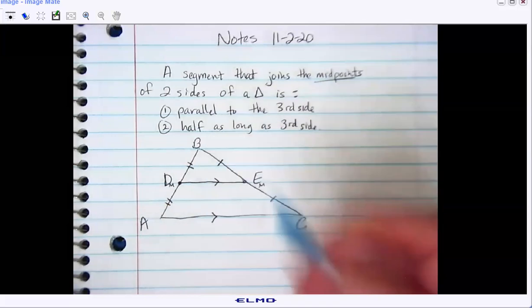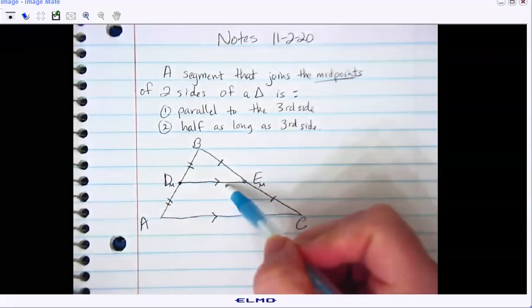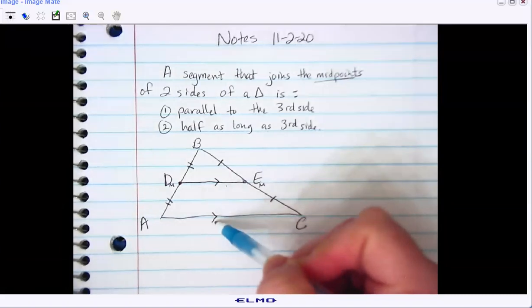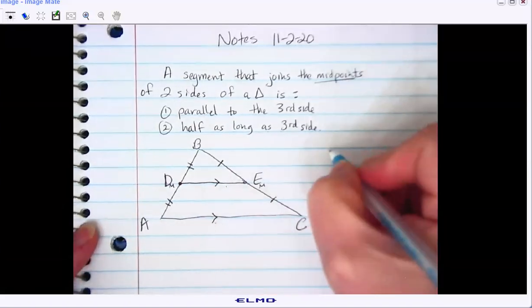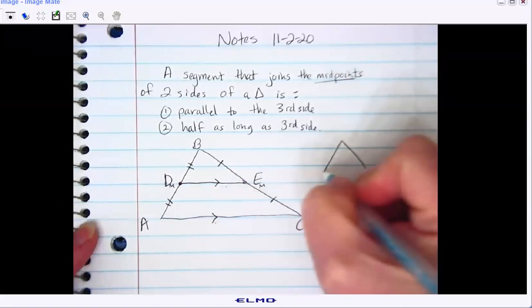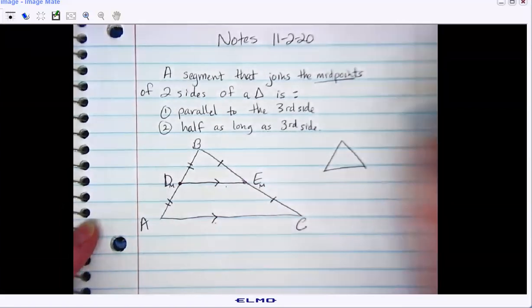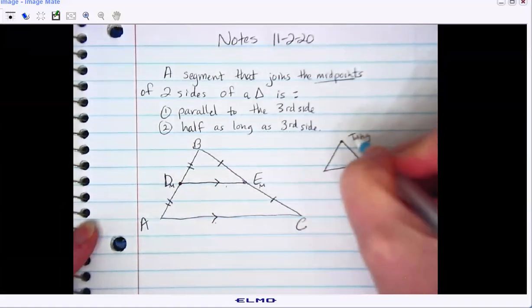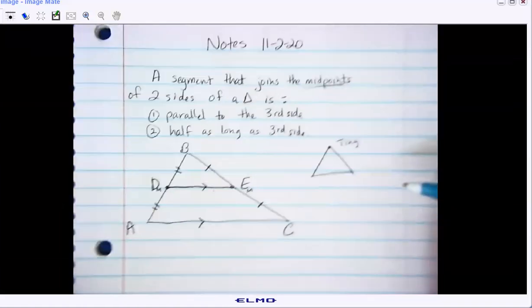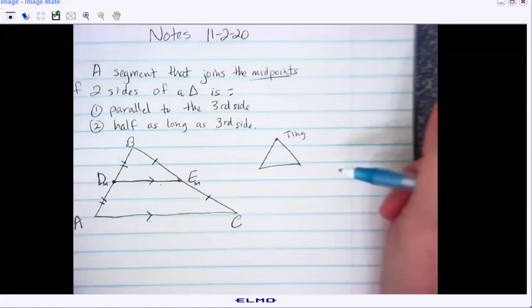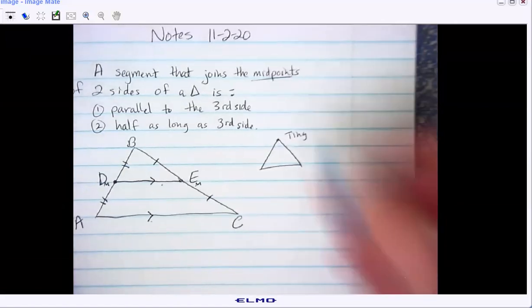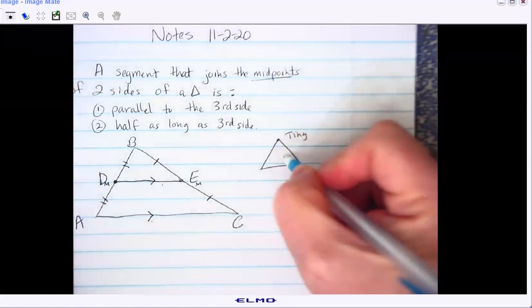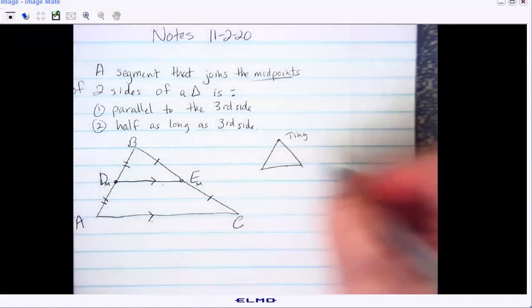Okay, and then we know that DE, one that connects the segments, is half as big as AC. Let's talk about that for a second. If I'm looking at a triangle, this point up here is tiny. But I really needed to see the connection. And then in the big picture, as you go down, the line going across would get bigger.